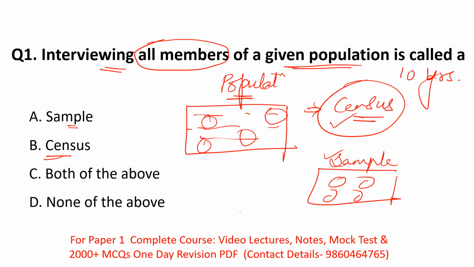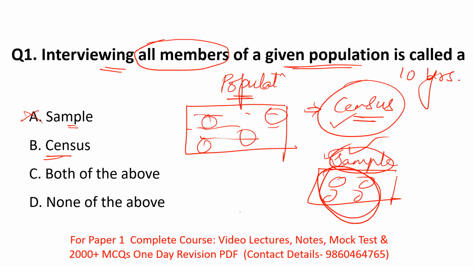What I am saying is, if you are selecting some people from your population and asking some questions to them, then it is known as sample. If you are interviewing all members of your population, then it is known as census, not sample.